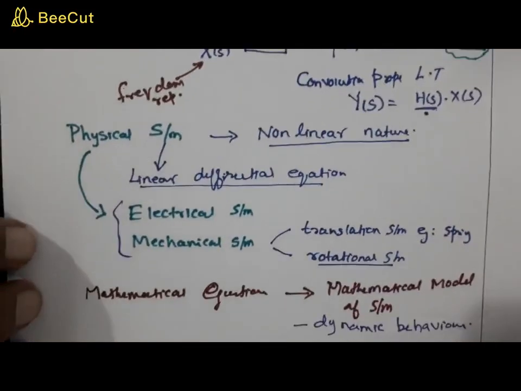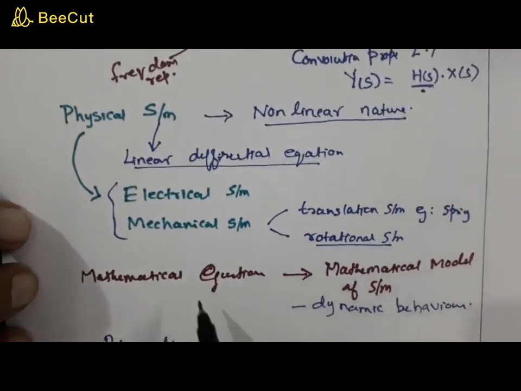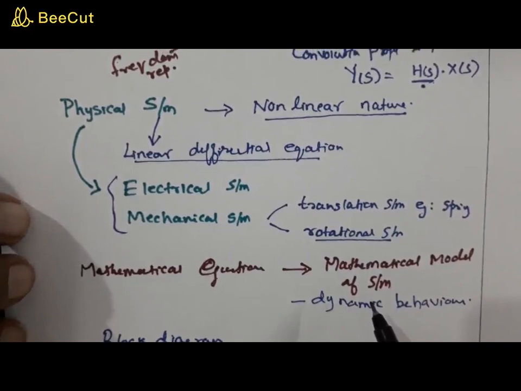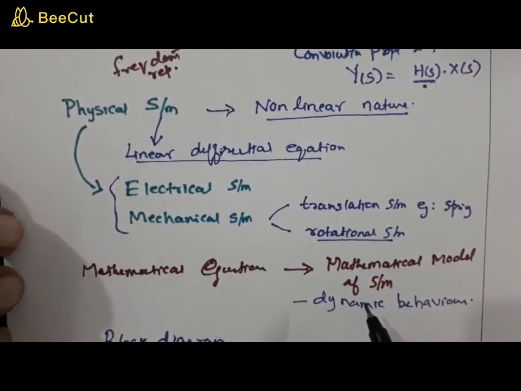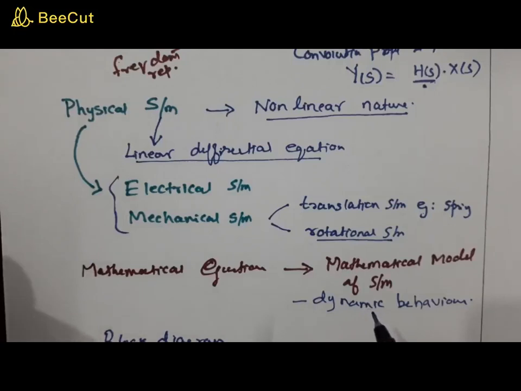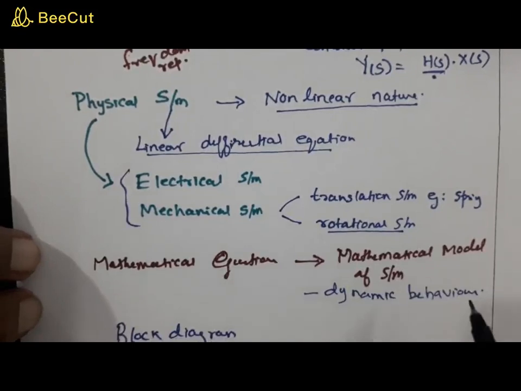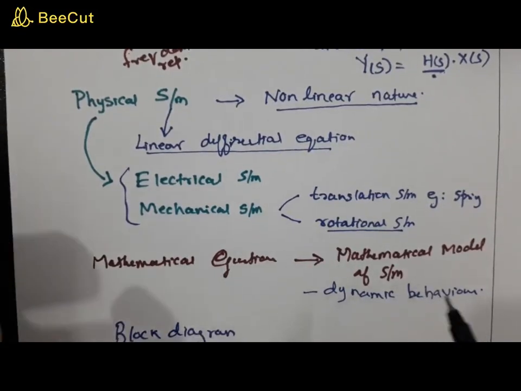Similarly, if you have a mathematical model or a differential equation, as you studied in signals and systems, you know how to solve a differential equation using the Laplace transform. Now, applying the Laplace transform and assuming initial conditions to be 0, you can find the ratio between the output and the input, and that is what is called a transfer function.